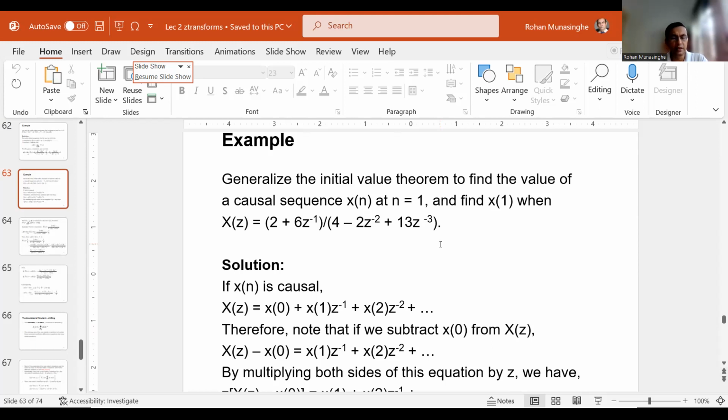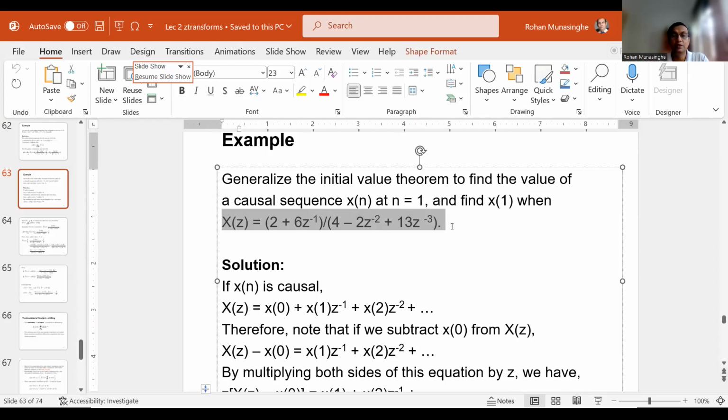So let's look at how we do that. We call this a generalization of the theorem, to find the values of a causal sequence x[n] at n equals 1, and find x1 when x is like this. So we'll work it out as an example here, so that you will not only understand the theorem, but also be able to understand how you use that theorem to solve a problem.